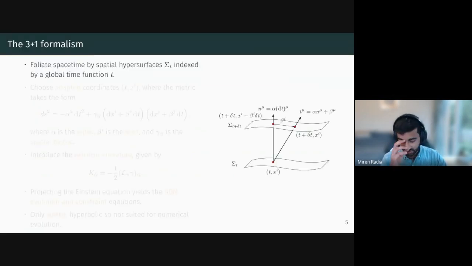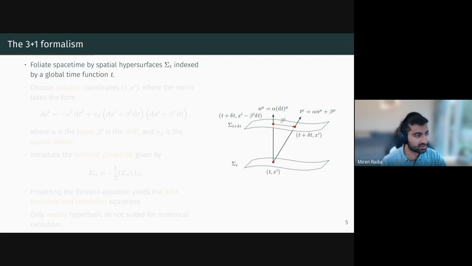So now let's move on to just some basic setup. This is kind of a brief recap of numerical relativity. I'll probably go through this quite quickly, as I assume at least some people have seen this before, possibly many times.